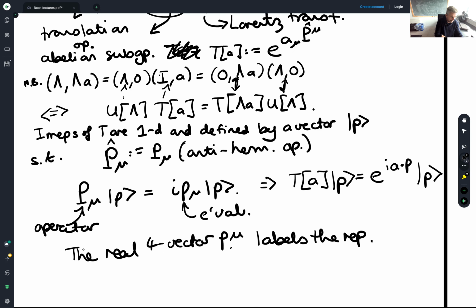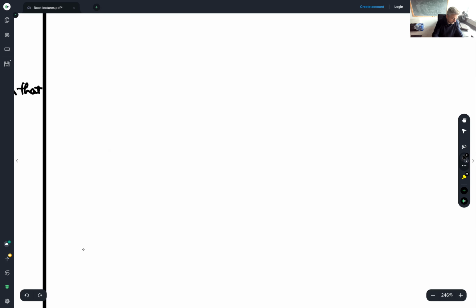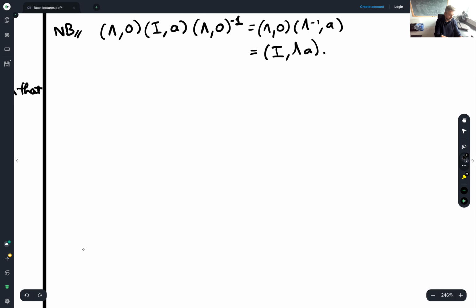Now, if you check again the rules for composing elements of the Poincare group, you'll see the following. If we multiply these 3 elements together, and you also have to know what the inverse is, which we defined before in section 5, I can compose these on the right hand side, and we get lambda to the -1 and a, and this is equal to 1 and lambda a, if we use the rules.